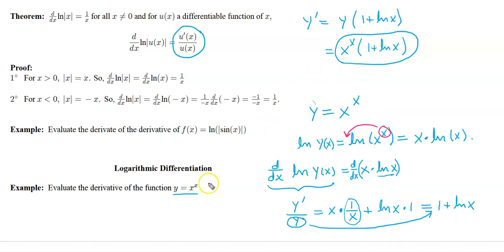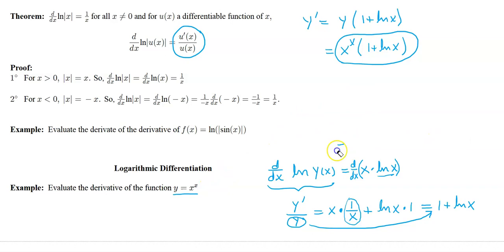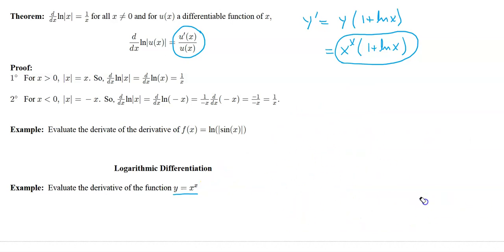Let's try one more example, just so you get the hang of it. Let's evaluate the derivative of this function. So say we want to differentiate x to the sine x power. Well, what we have to do is get the sine x out of the exponent because it's not a constant.